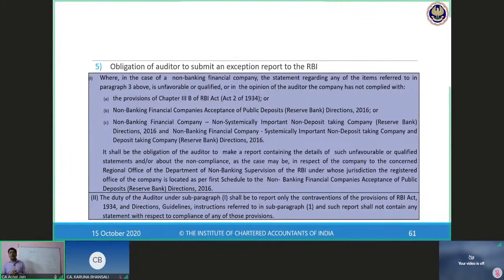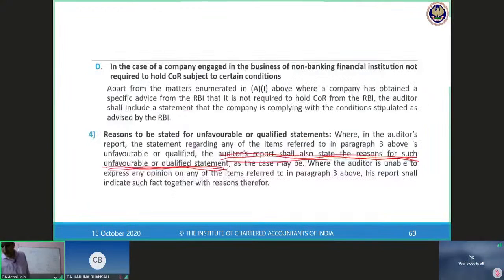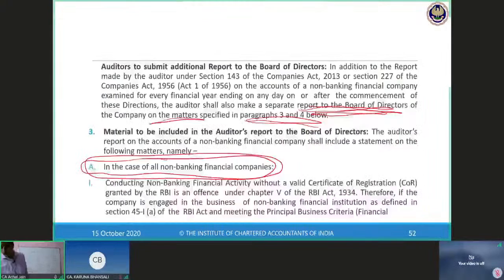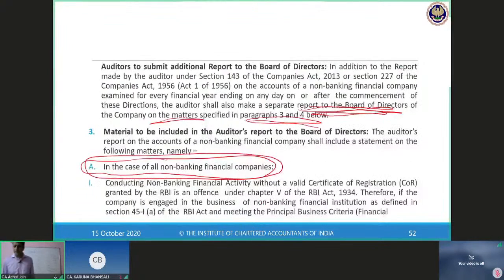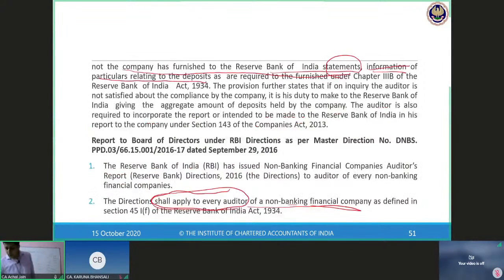Next, moving on to the obligations of the auditor to submit an exception report to the RBI. Now this is in continuation to the reporting requirements. Let me just go back to the reporting requirements that we discussed. Auditor was required to report to the board of directors. Let me just quickly summarize for you, because you can also summarize all of these points.